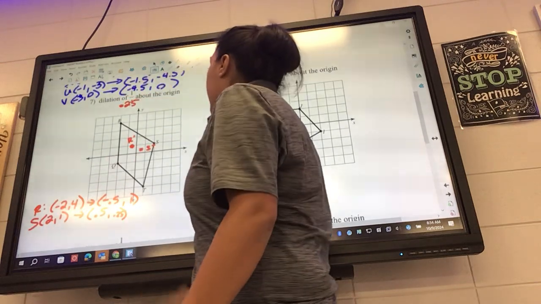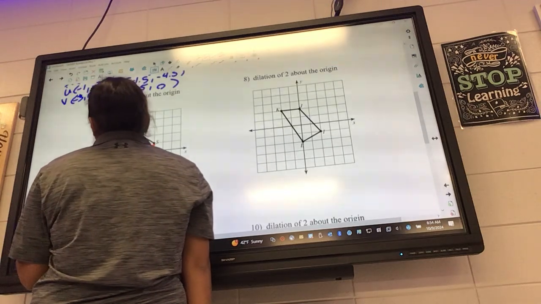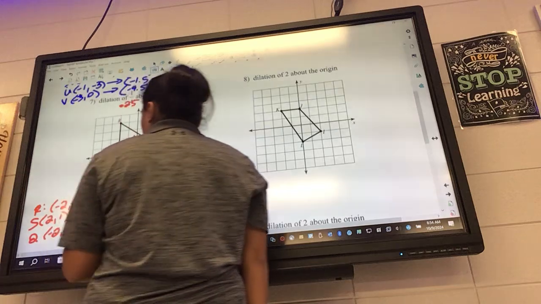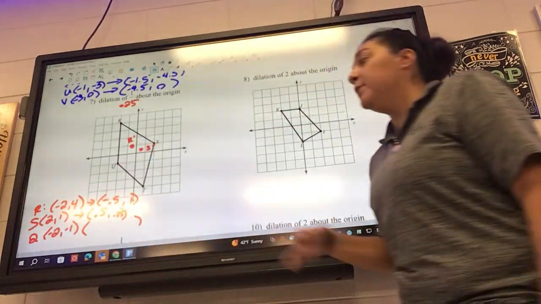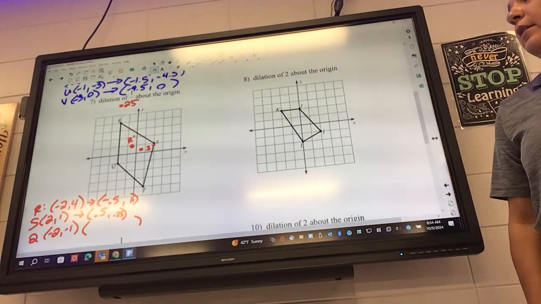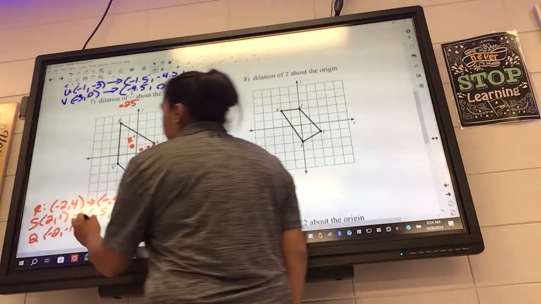Okay, Q. Q is going to be negative 2, negative 1. Again, I already have some coordinates, so I can figure it out. Negative 2 times 0.25 is negative 0.5.